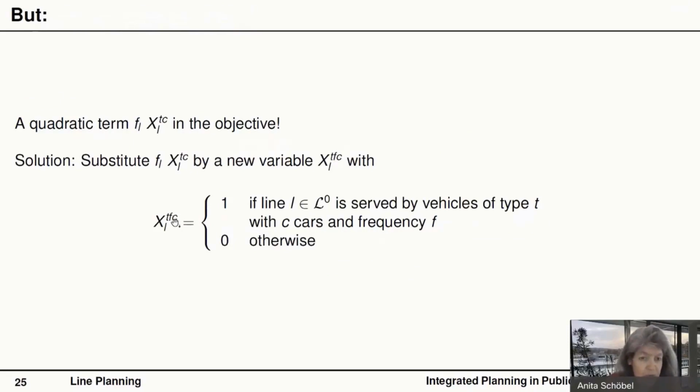Now the frequency goes as an index in our X variables, and such an X variable is 1 only if the line L is served by vehicles of type T with Z cars and frequency F. So you see most of these variables will be 0 anyway, but you need a large number of variables, making the problem not so nice to compute.